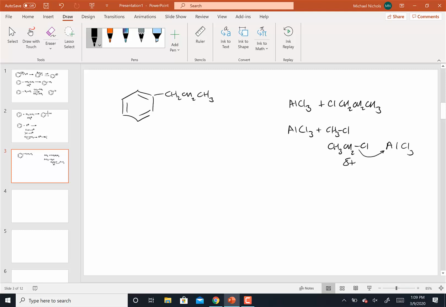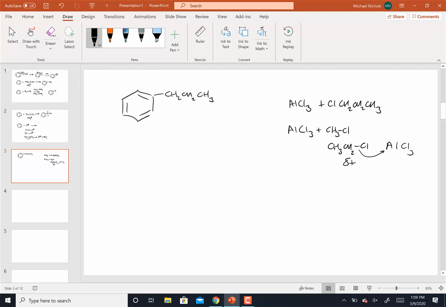So you never truly form a primary carbocation. You only form enough delta positive charge as the aluminum is pulling the chlorine off to get to a delta positive term that will then add it to the ring. So we can add methyl chloride or ethyl chloride and make methyl or ethyl benzene, but we're never going to form a true carbocation.